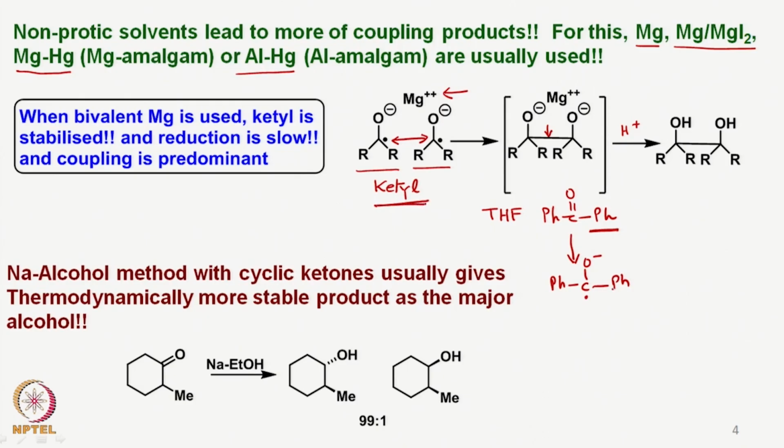Now since there are 2 phenyl groups attached, the radical here is highly conjugated, and because of this conjugation this gives a dark blue color. And so if we take THF which is already pre-dried with something like calcium chloride, and then you press sodium wire into it and reflux it and add a pinch of benzophenone, if the blue color comes, that means all the water has reacted.